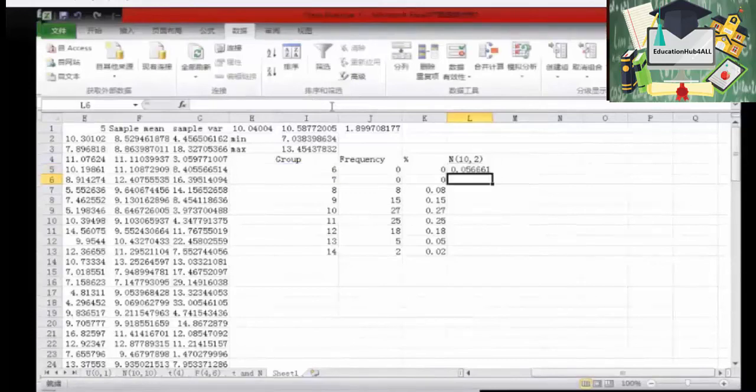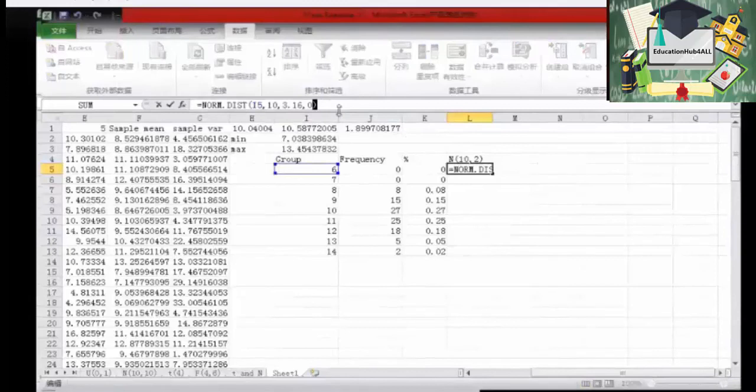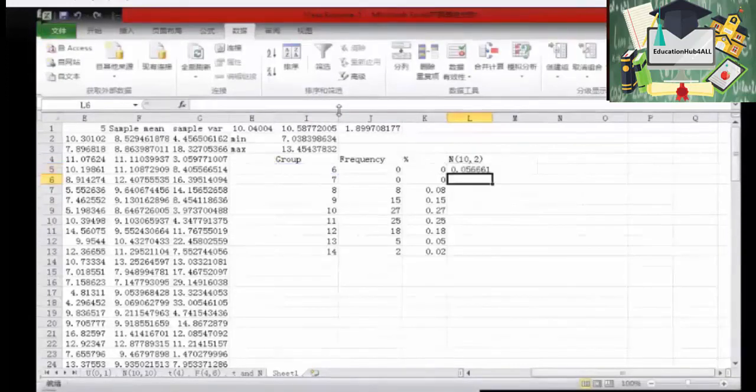If I input here 0, which is false, what does this value mean? 0.5. Remember, here I select false. So what is the 0.5? The 0.5 is just the height. Let's see here, this is y, this is x.